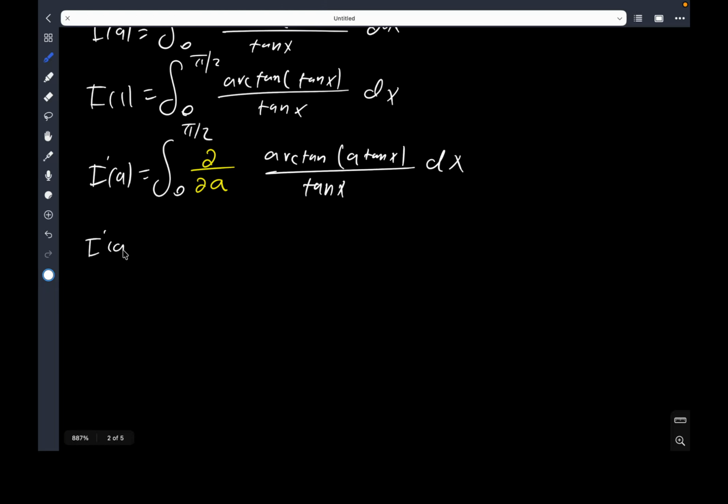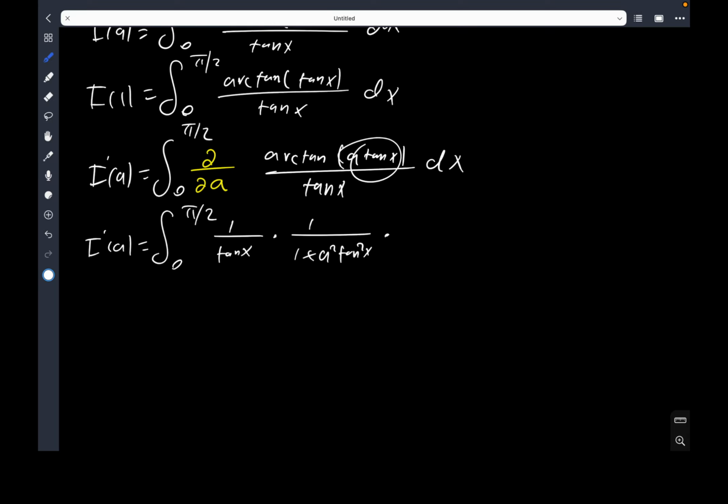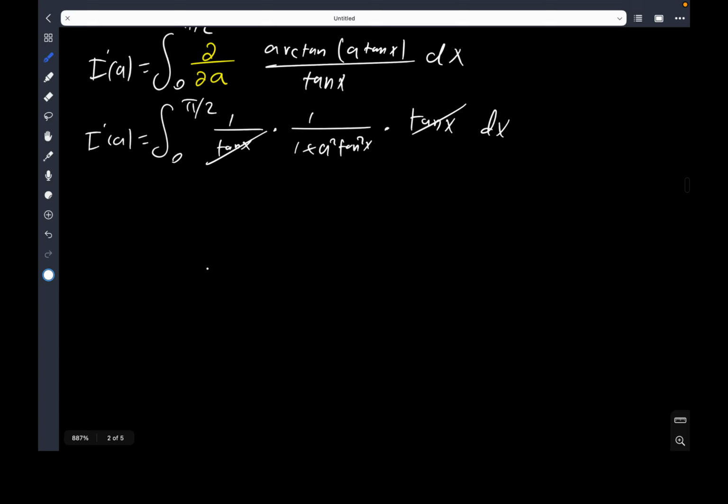My I prime of a is going to be, if I calculate this partial derivative, 1 over tan x times, according to the chain rule, 1 over 1 plus a squared tan squared x multiplied by the chain inside the integral, tan x dx. And these tan x's can be suppressed together.